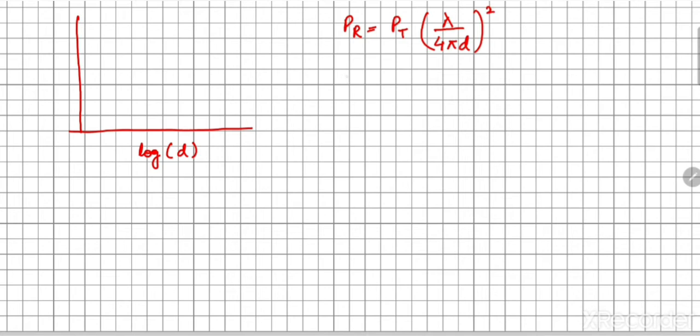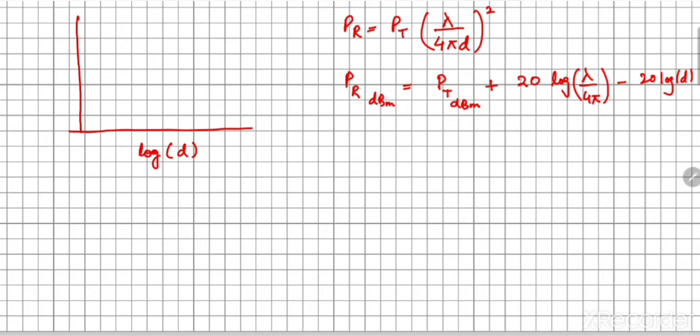And we can also represent this in log domain. PR in the units of dBm is equal to, taking 10 log 10 of both sides, PT dBm plus 10, and this exponent of 2 gets multiplied with 10 to lead to 20 times log of lambda by 4 pi, minus 20 log of d.